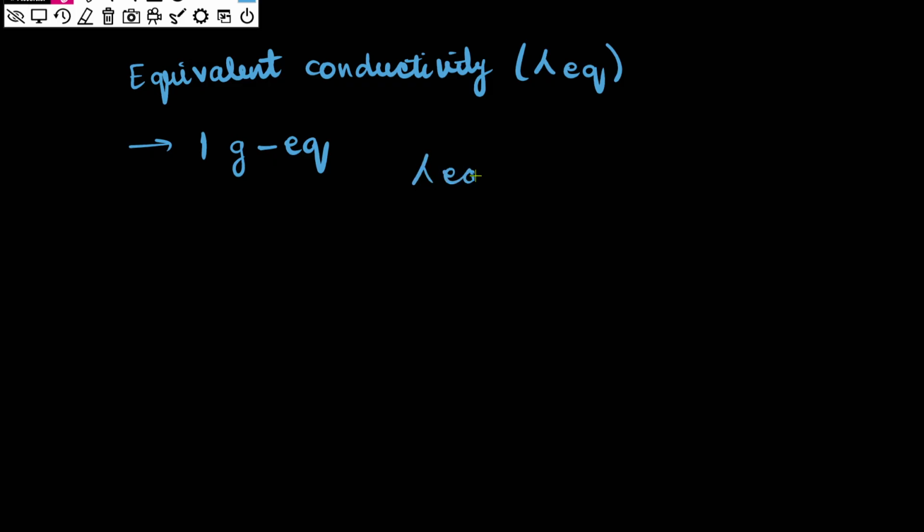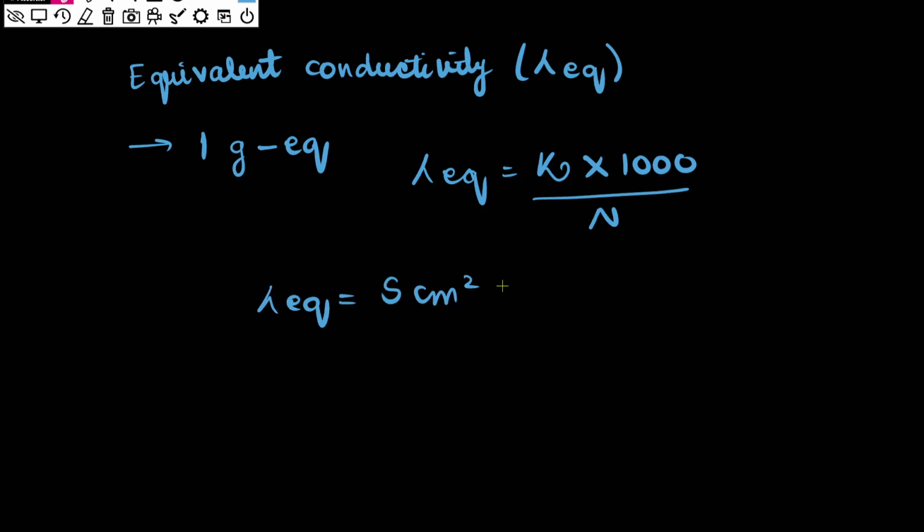And lambda equivalent is also denoted by kappa into 1000 upon the normality N. And the units of lambda equivalent will be equal to Siemens centimeter square equivalent inverse.